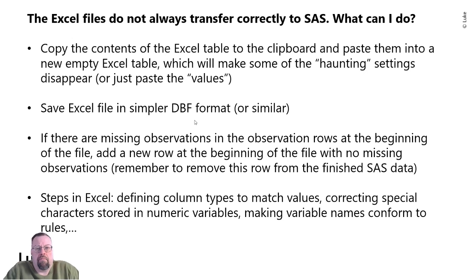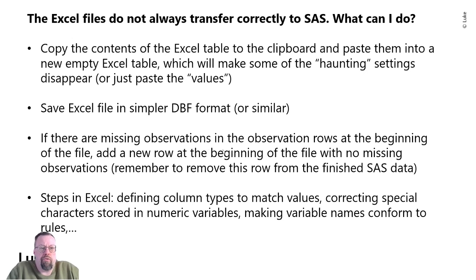One thing that might cause problems is also that if you have missing observations in several rows starting from the beginning of your file, SAS might look into, let's say, the first 20 or 30 rows and make the decision on the variable type, for example, based on those rows. And if they are all missing, then it might make wrong decisions.